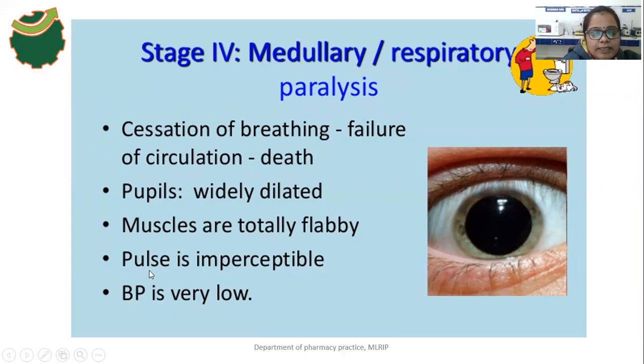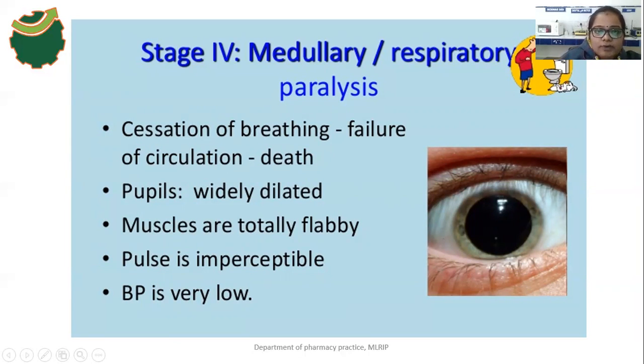And the pulse is imperceptible. Imperceptible means unnoticeable, there is no recognition of the pulse. The pulse rate decreases in stage 4, and the BP also decreases. So stage 4 is medullary or respiratory paralysis.